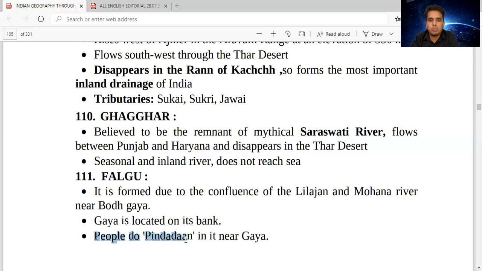People do Pinddan in it near Gaya. So you can imagine how polluted it can be, because Pinddan means the remains of the dead body.